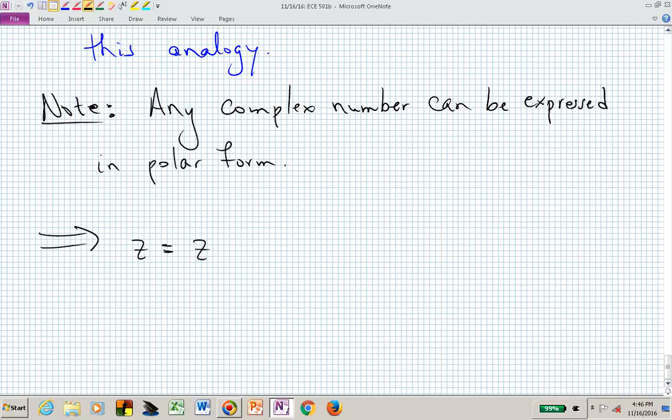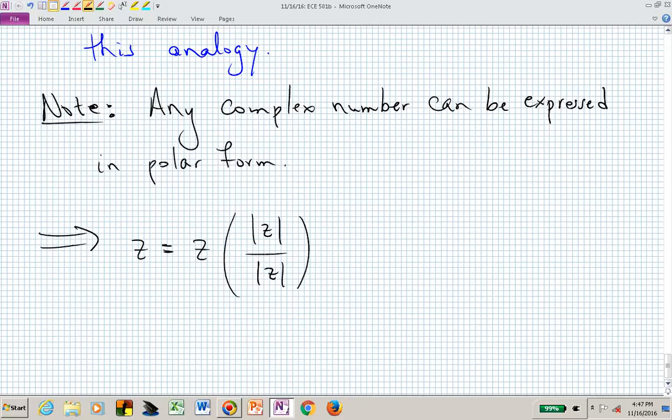A complex number is equal to itself. Now, what can I do to itself and not change it? I can always scale it by 1. I can always hit a complex number with 1, and now I'm going to write 1 in a little bit more fancy way. I'm going to write 1 as a number over a number. That's 1. I haven't changed z at all.